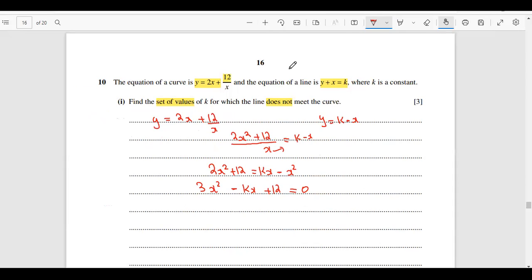If it is equal to 0, we have one point of intersection, and if it is less than 0, we have no points of intersection. So that is the case. We are going to find the discriminant b squared minus 4ac, and it should be less than 0. We need to find such values of k for which this thing is less than 0, because that would give me no solutions.